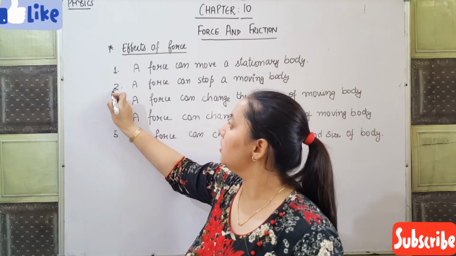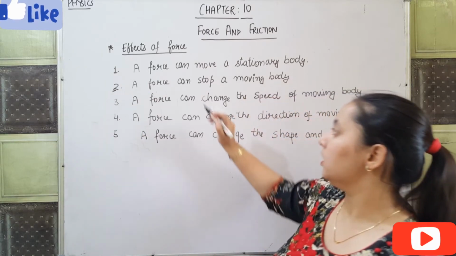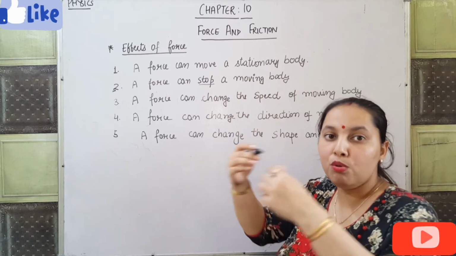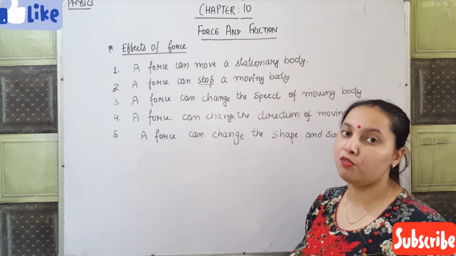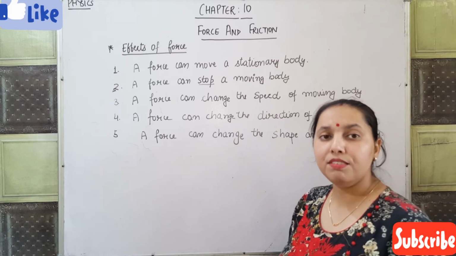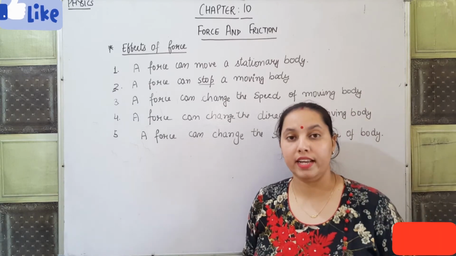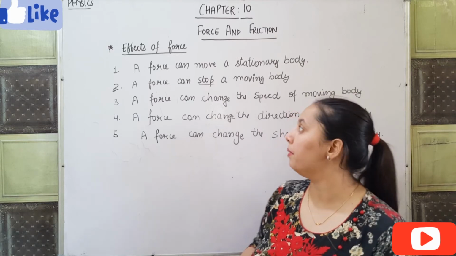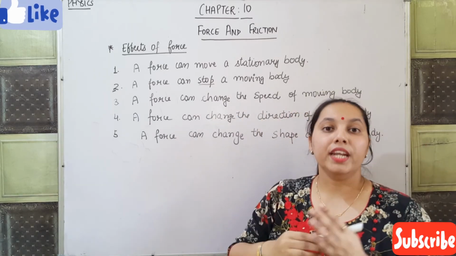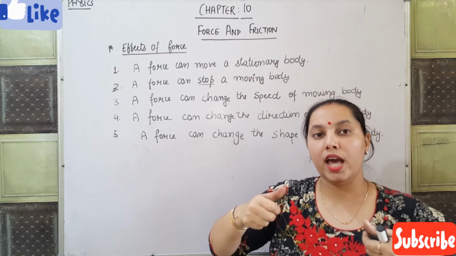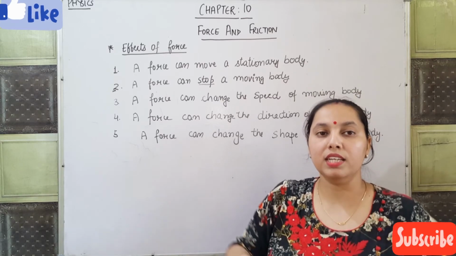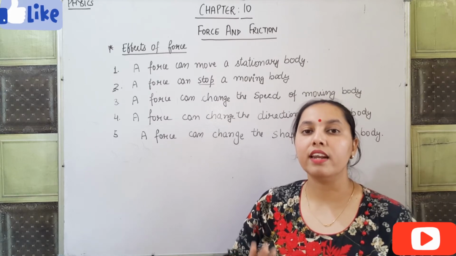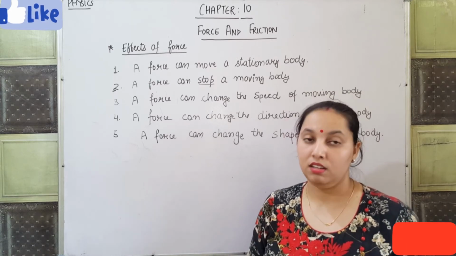Okay, so the second effect of force is, a force can stop a moving body. If it can move, it can also stop the moving body. I was talking about when you ride a bicycle. You are pedaling, and then when you apply brakes, initially the bicycle slows down and then it comes to rest.